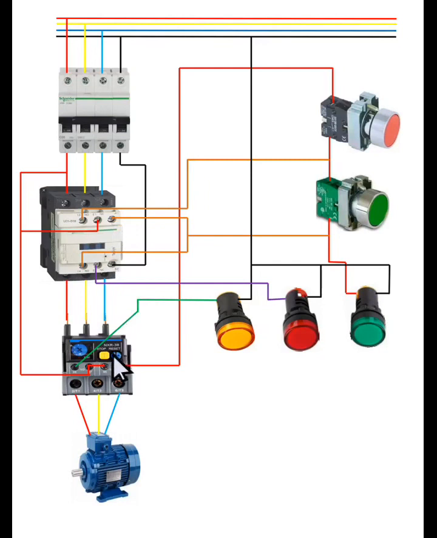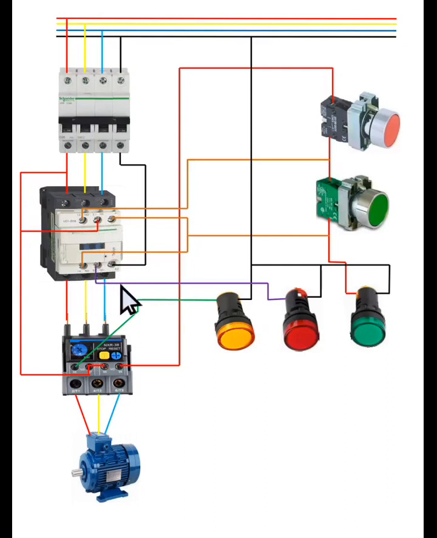Now the stop light is being wired from the normally closed contact of the contactor, which is the 21 and 22. This is normally closed. So when the contactor is not energized, that is, it is stopped, the current goes through and comes out here.